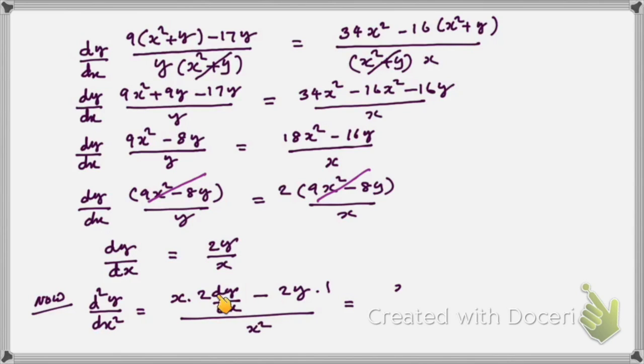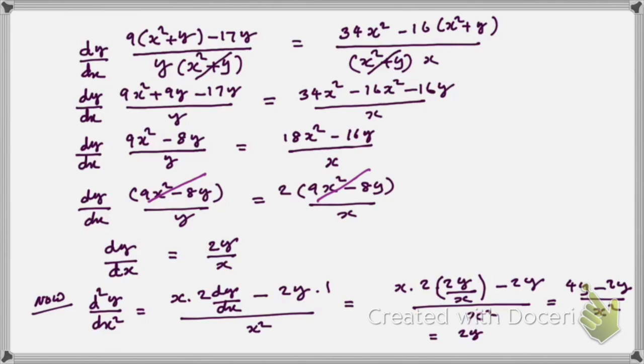But we already found what dy by dx is, so we copy that value from there. So it is x into 2 into dy by dx, which is 2y by x, minus 2y, by x square. X and x cancel, so you get 4y minus 2y, which is 2y by x square.